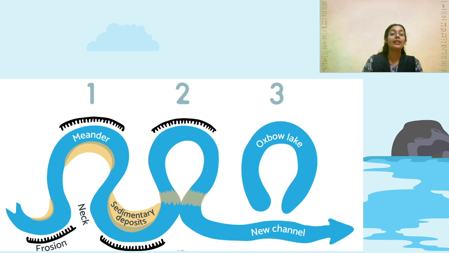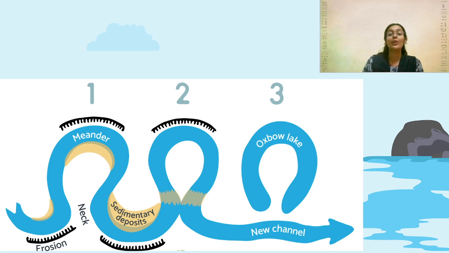So, while the river moves down on the plain, it forms large twists and turns, or meanders, and at a point of time, the sedimentary deposits are laid so much that the river needs to take a new channel to flow, leaving the trace of water as an Oxbow Lake.